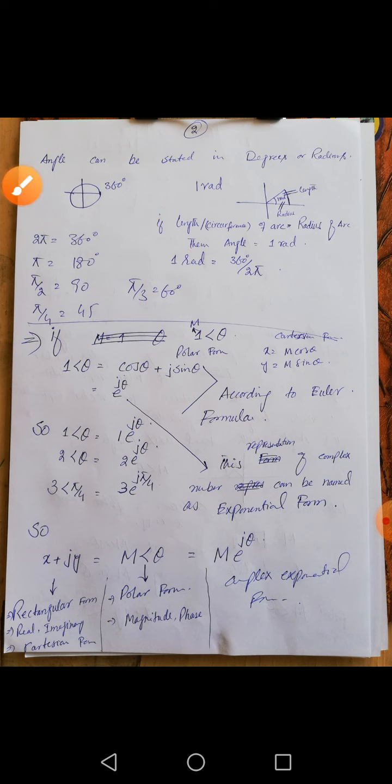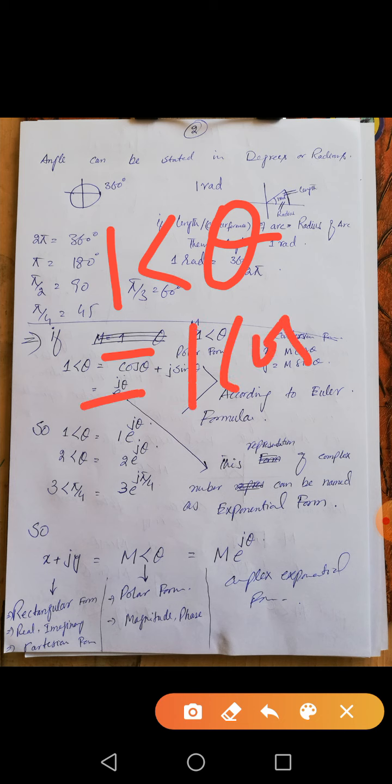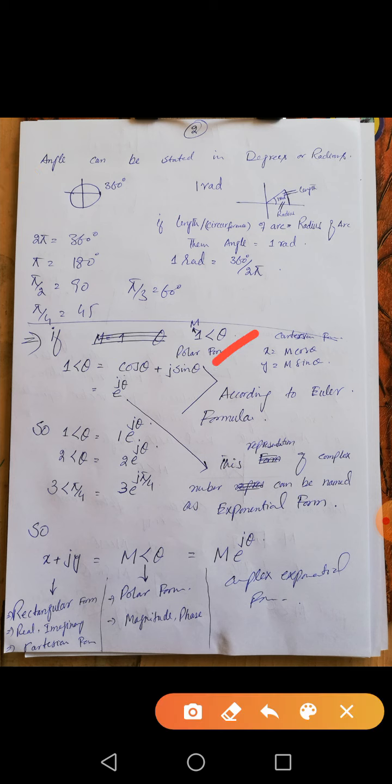Another thing we have: if the magnitude is 1 and the angle is theta, to convert it into the real and imaginary part, we can write 1 cos theta plus j sin theta, like I have written it over here.